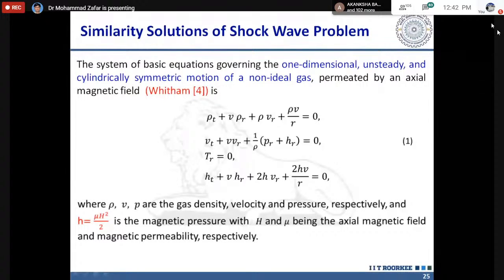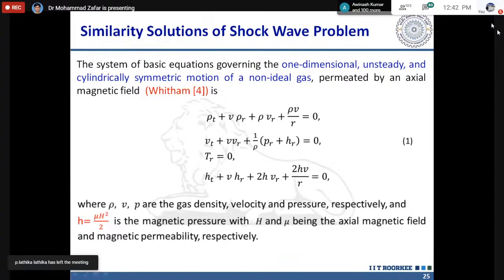The flow variables are rho, v, p, which are nothing but gas density, velocity, pressure, and h is the magnetic pressure here, small h, which is mu times H square upon 2, where capital H is the axial magnetic field, and mu is the magnetic permeability.